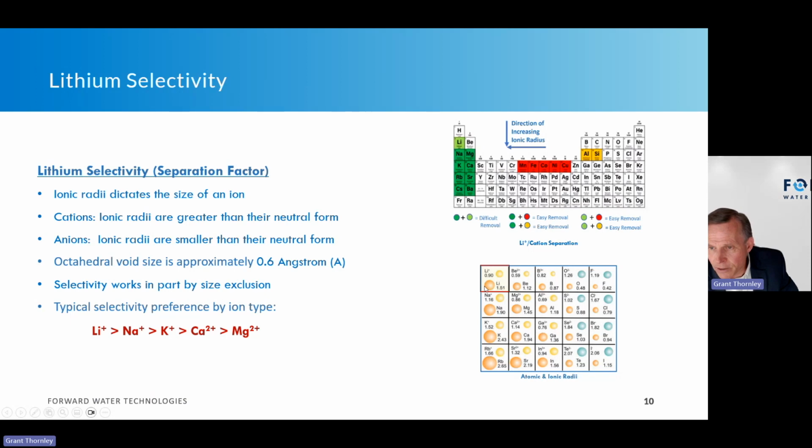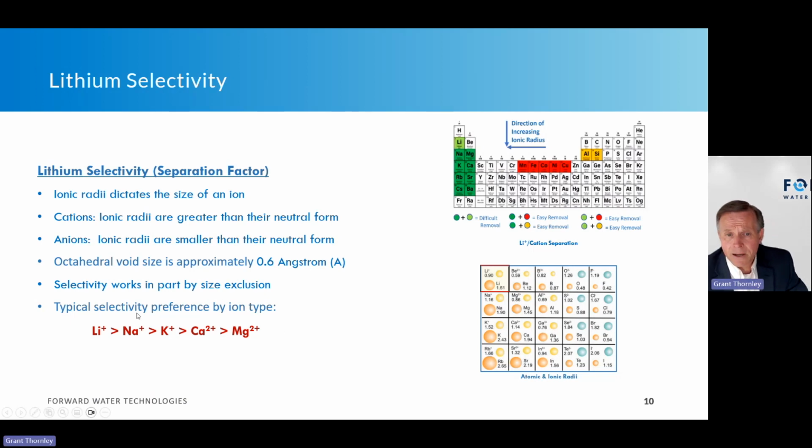And this is what you're interested in: what's the ionic radius of that ion, and is it smaller or bigger than 0.6? Because that's going to dictate what gets into the media. And remember, the only thing we want is lithium. We don't want anything else in the eluate, just pure lithium. That's not the case because some of the ions are about 0.6 or smaller. So that's just a very rough understanding of how selectivity works, by size exclusion.